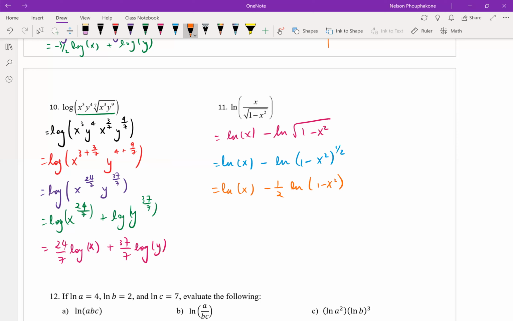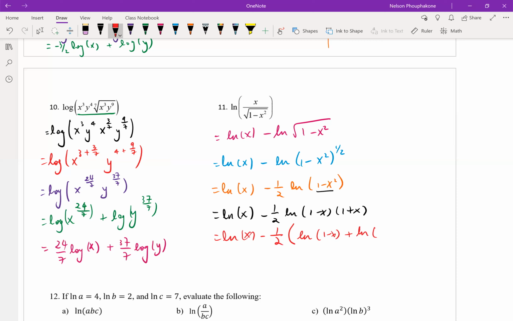Okay. Then now notice 1 minus x squared is equal to 1 minus x, 1 plus x, right? So we could decompose this into 1 minus x, 1 plus x. Okay. That means we are going to make it become 1/2 times natural log of 1 minus x plus natural log of 1 plus x.